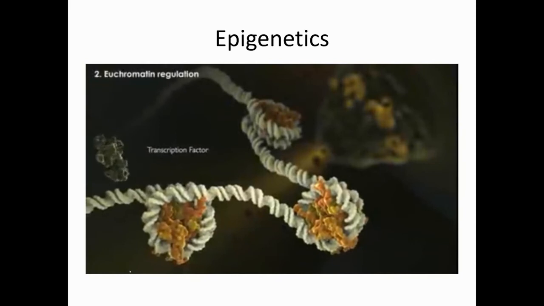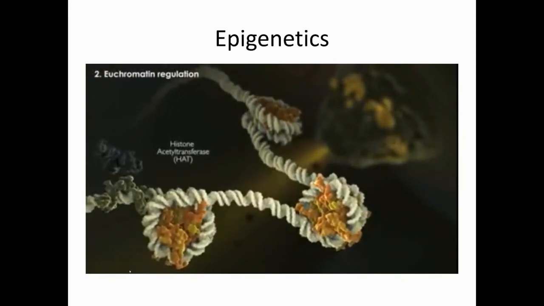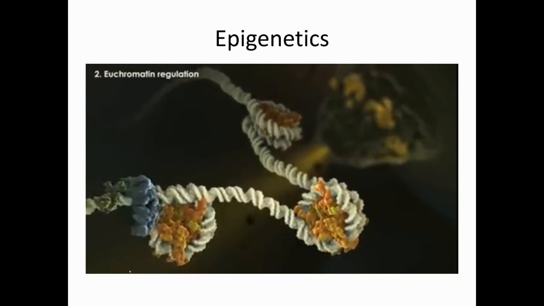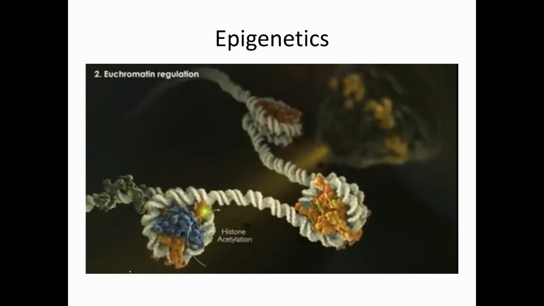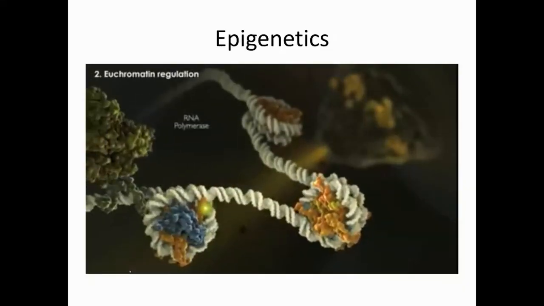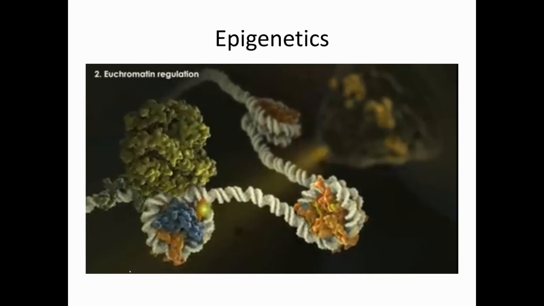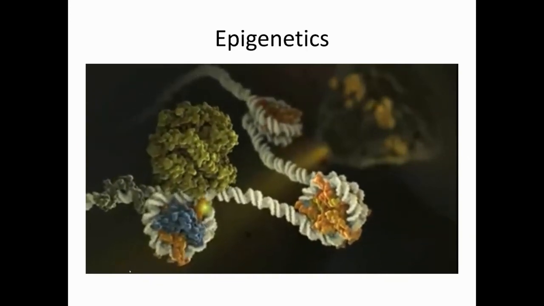Euchromatin is often characterized by a more open and accessible state of the DNA, one in which transcription factors have access to their cognate binding sites and can therefore recruit enzymes like histone acetyltransferases that acetylate histone tails and activate genes by recruiting components of the basal transcriptional machinery, including RNA polymerase.